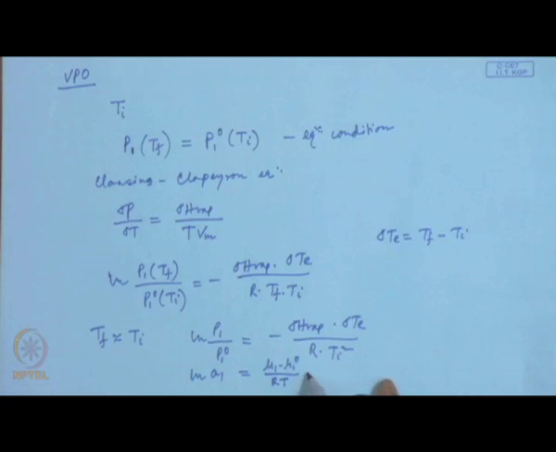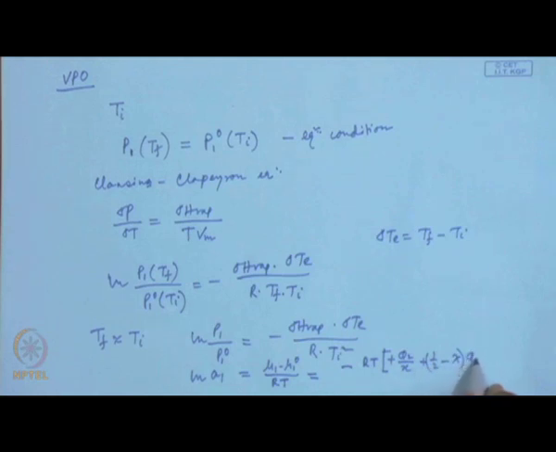Now, from the Flory-Huggins equation we can write mu 1 by mu 10, as in the earlier case we have seen from the osmotic pressure experiment. We can simply write this.